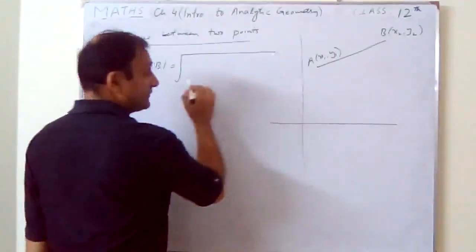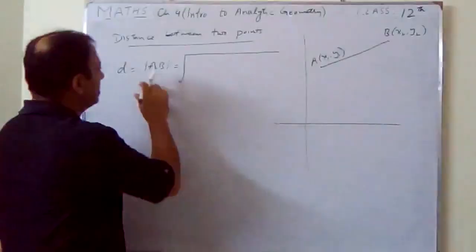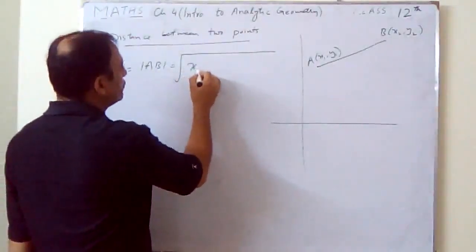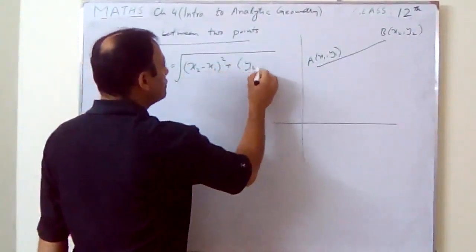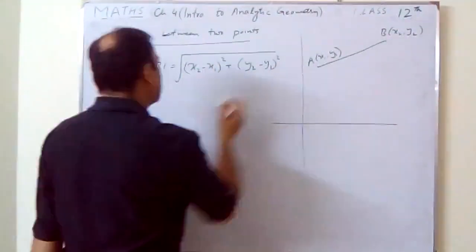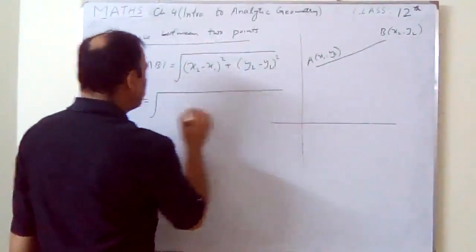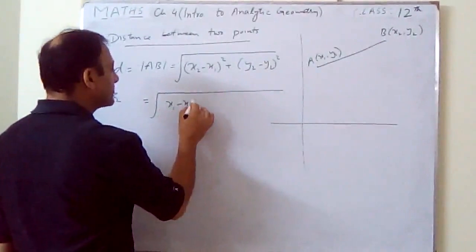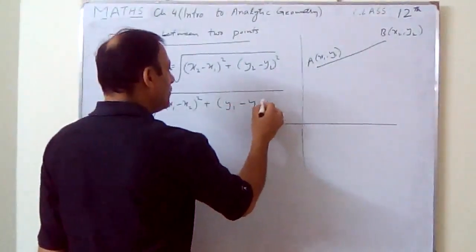It is the positive square root, because a distance is always positive. So the square root of (x2 minus x1) whole square plus (y2 minus y1) whole square, or it is also (x1 minus x2) whole square plus (y1 minus y2) whole square.